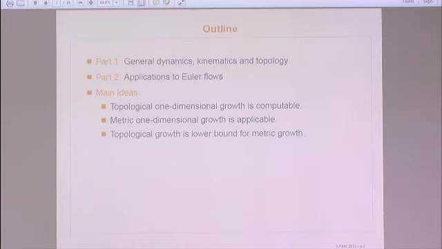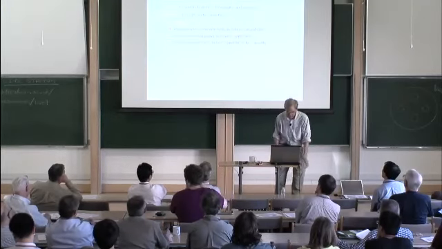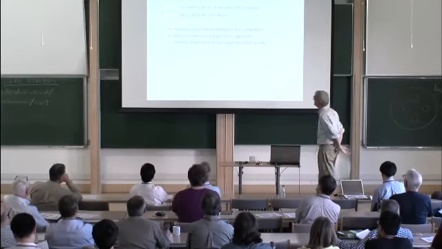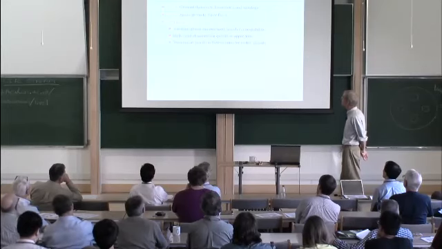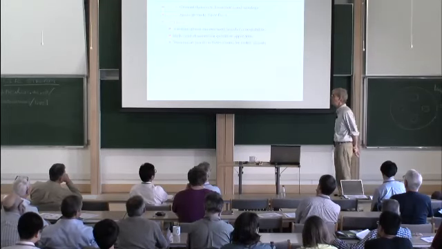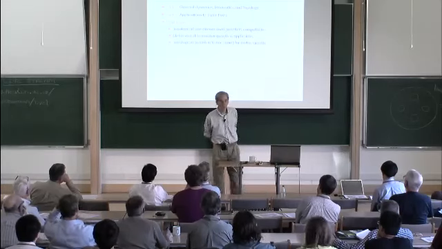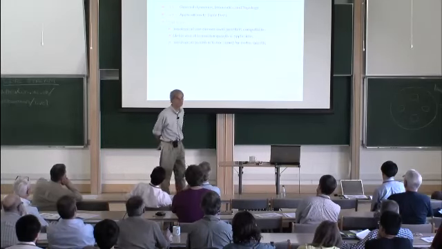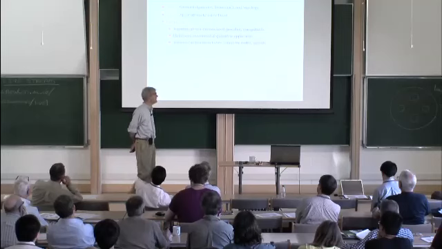And there are some main ideas which I've already emphasized to you. One is that there's this growth that's going on, but I'm going to be talking about 2 types of growth. One is topological in character, which is highly computable because topological data is usually quite coarse, and that means it's quite computable in practice.